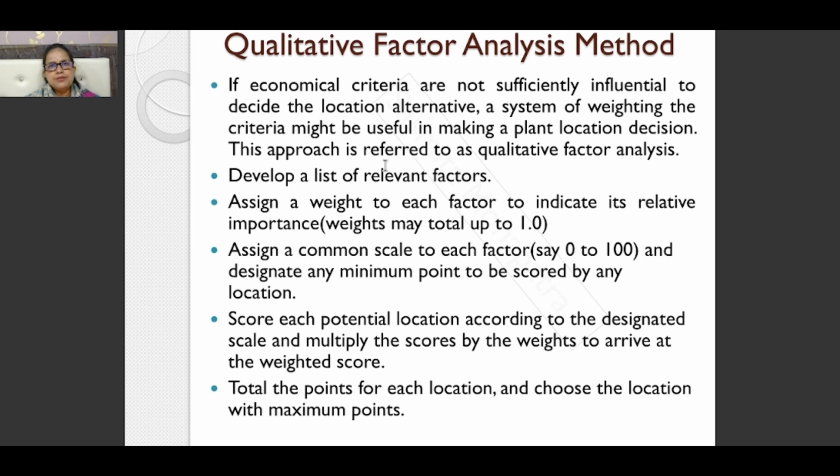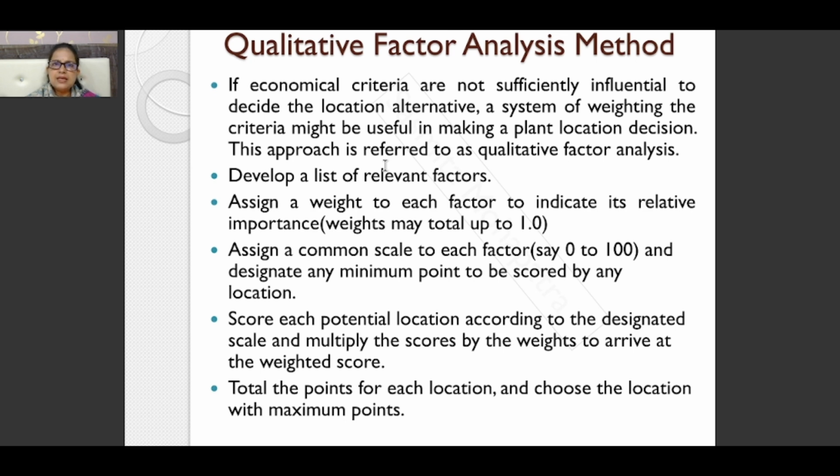Then we have to find the total score. On the basis of the total score, we see which location has the highest score among the different locations, and we can choose that location.